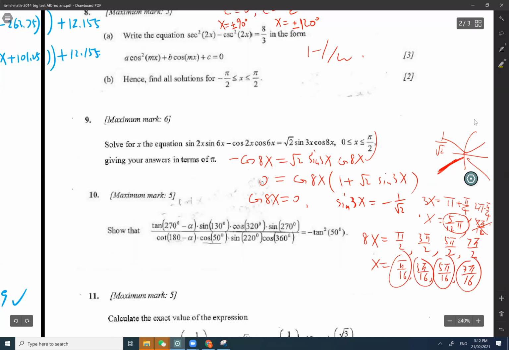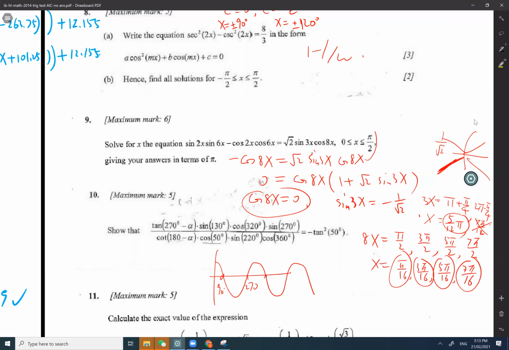How do you get the later solutions, 3 pi over 2, 5 pi over 2, 7 pi over 2? If cos equals 0, it could be 90, 270. You just plus 180 degrees, or you just keep adding pi.